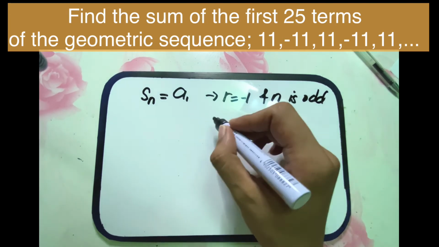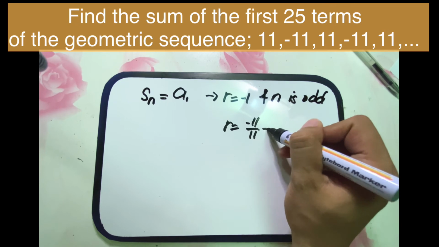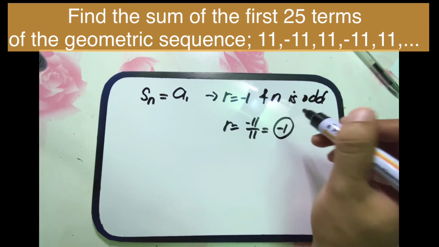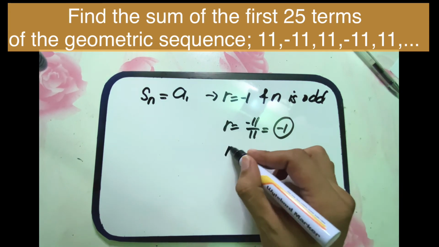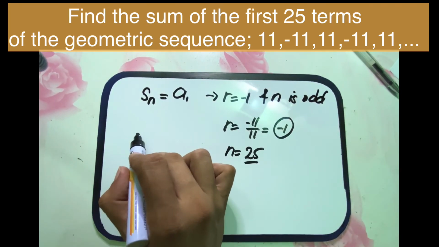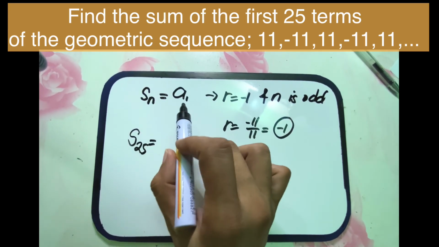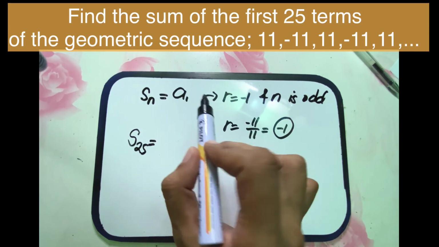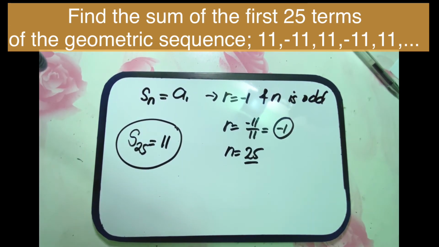The ratio is negative 11 over 11, that is negative 1. Since the number of terms is 25 and 25 is odd, S sub 25 is the a sub 1, or the first term, which is 11. So the sum of the first 25 terms is 11.